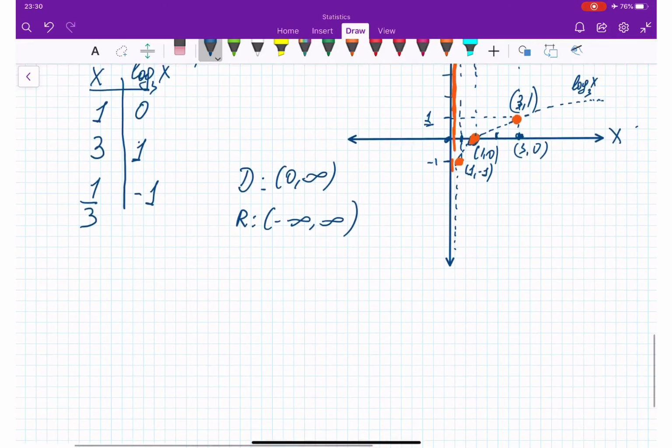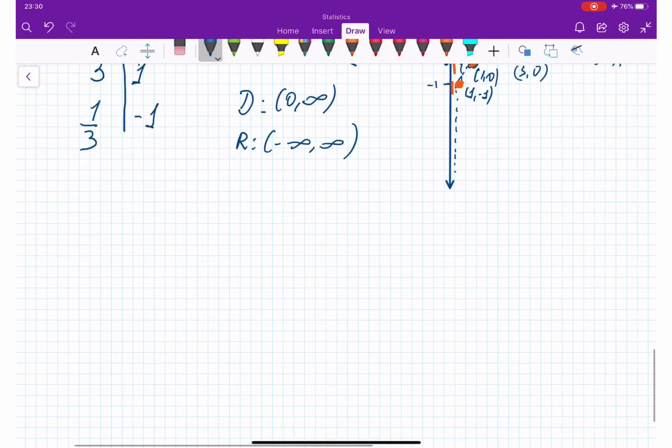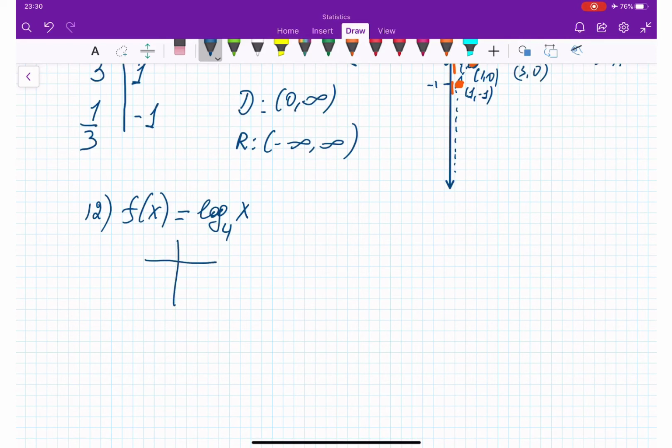Therefore, the domain is going to be from 0 to positive infinity. Okay, question number 12. So f of x is equal to log x by base 4. We already know how it's going to look. Let's build it.